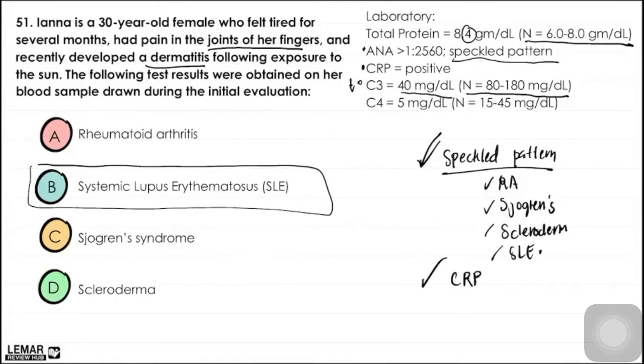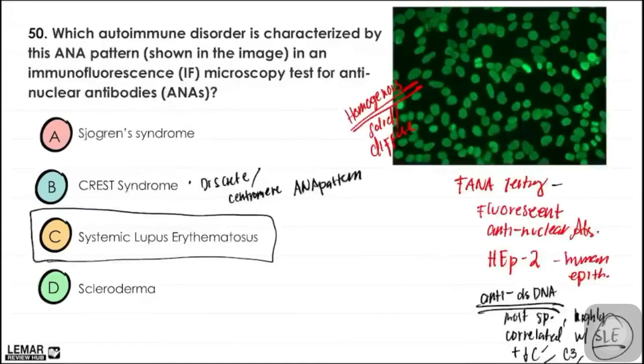tapos may CRP. Bukod doon, what we have observed is decreased complement levels. So this is associated with autoimmune disease. Remember po sa ating kanina, in SLE, bukod kay homogeneous anti-dsDNA, mababa rin po ang ating complement, particularly si C3, pakidagdag din po si C4.